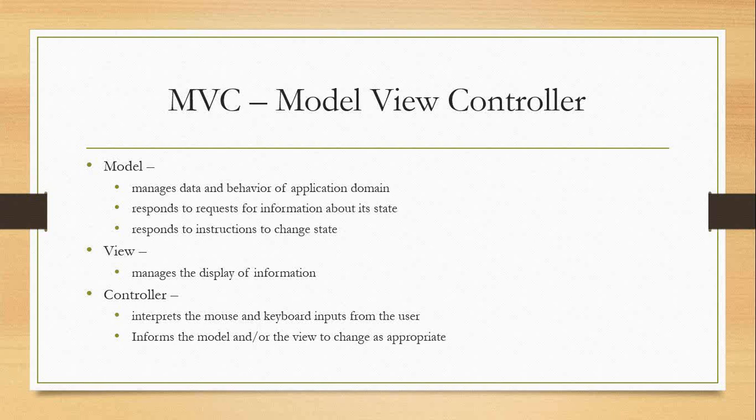The third component that we have as part of the MVC architecture is the controller component, wherein the controller component interprets the mouse and keyboard inputs from the user, and based on these mouse and keyboard inputs from the user, based on the URL requests that user makes, it informs the model and or the view to change as appropriate.